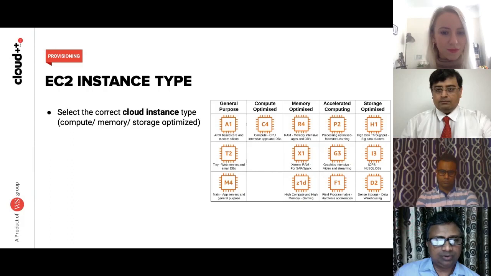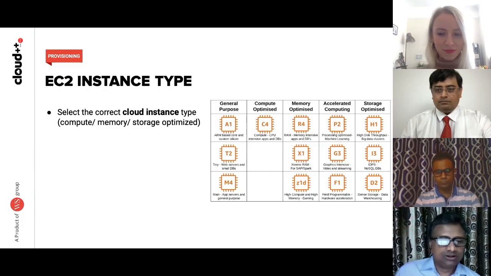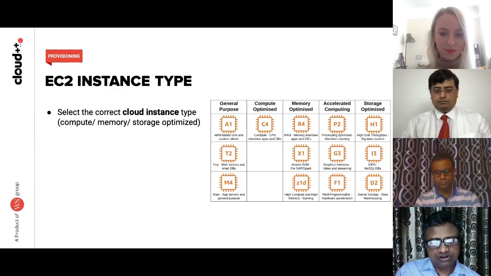They are called compute, memory, or storage optimized. Compute is a fancy word for CPU. So for example, you have a very heavy data processing job or video image processing job. That is a CPU-intensive, or compute-intensive, job.